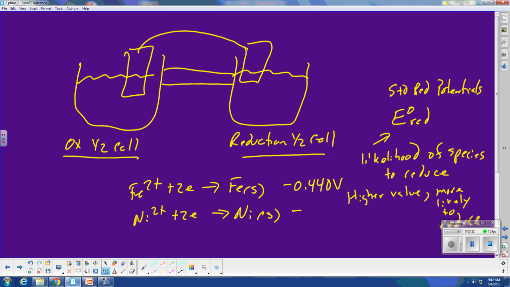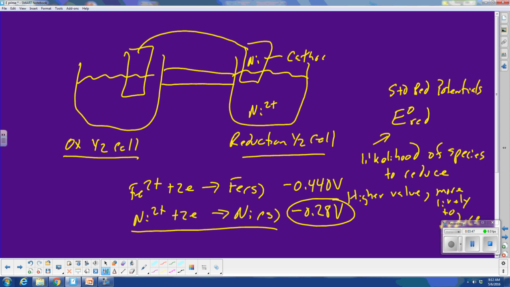So I have a negative 0.28 volts. So we compare these two, and I see that this is actually a higher value. A negative 0.28 is a higher value than negative 0.44, which means nickel will reduce. So that means I'm going to have nickel 2 in my solution, and this is going to be nickel, which means that that is going to be my cathode.